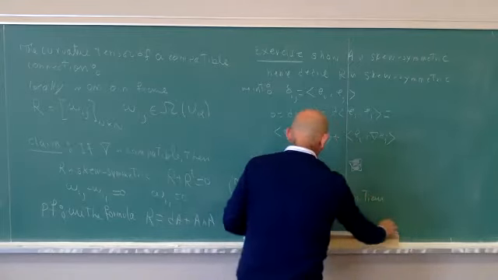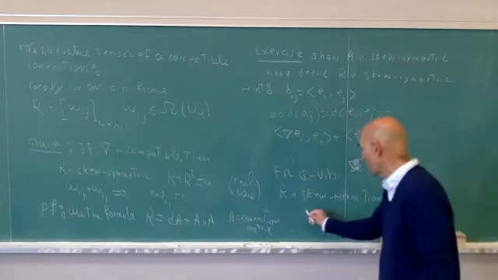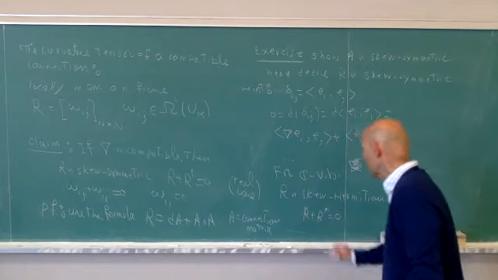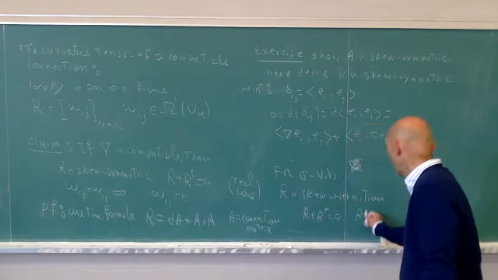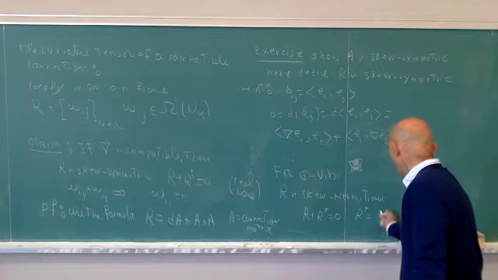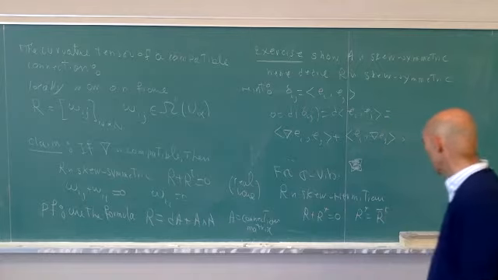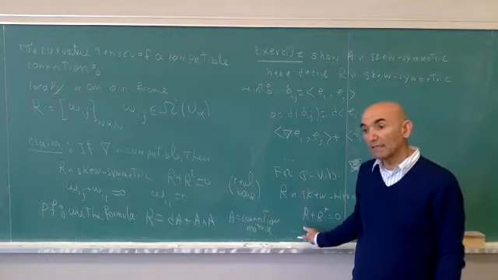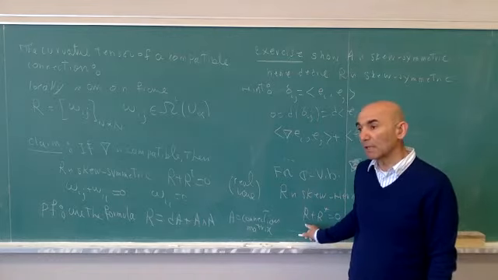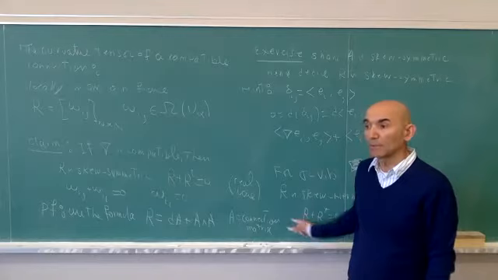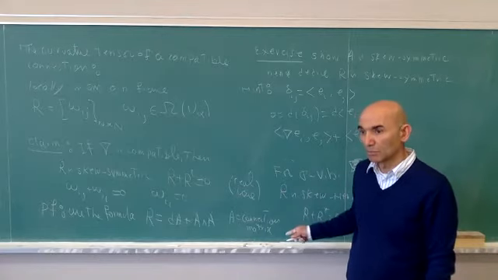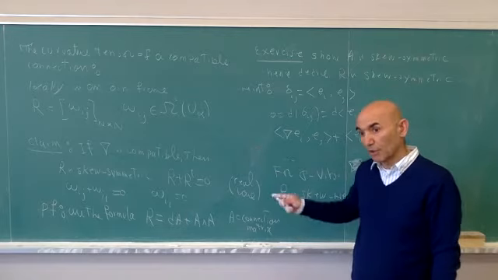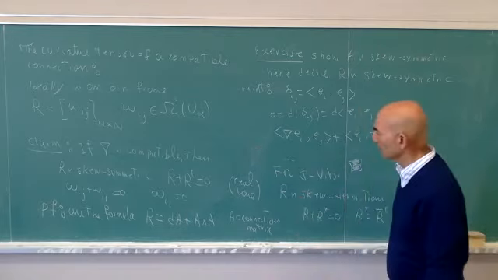By skew Hermitian, I mean, as usual, R plus R star is equal to 0, where R star is the complex conjugate transpose. In this case it doesn't follow that elements on the main diagonal are 0.